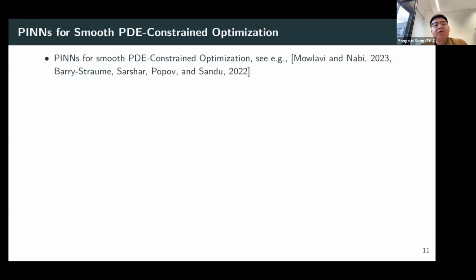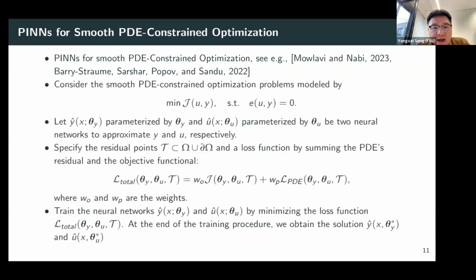And of course, for PDE-constrained optimization, there are some papers studying PINNs for smooth PDE-constrained optimization. The idea is also very simple: just combine the residuals of the PDE and the objective functional. Here we know that in a PDE-constrained optimization, u and y are unknowns.